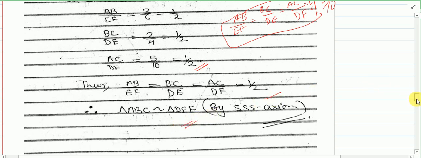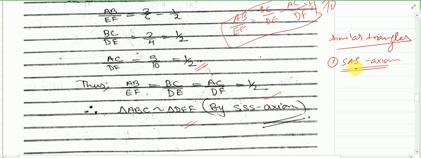So till now we have discussed what is similar triangles. So when do we say triangles are similar? When corresponding sides are proportional and corresponding angles are equal. After that we saw three conditions, okay. First one was side angle side axiom.